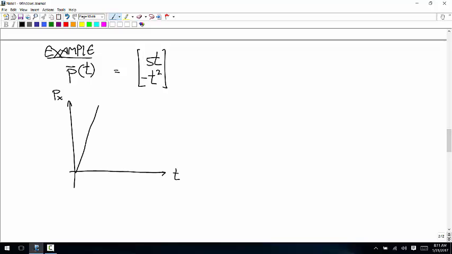So it's going to look something like that. That's 1, 2, 3, 4, 5. And then we can also plot the y component versus time. And that's going to look like this, a downward parabola.